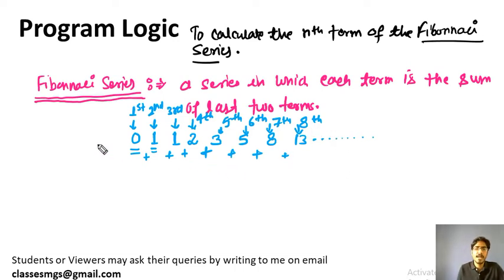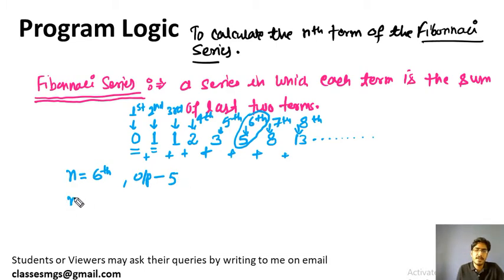So the problem is that you will be given the nth term, meaning you will take n from the user. Let's suppose the user wants to know the sixth term of the Fibonacci series. Then what should be the output? The output should be 5. Your program should give output as 5.